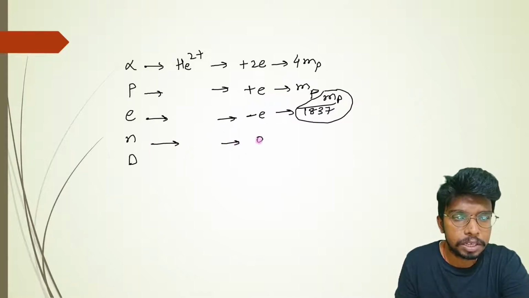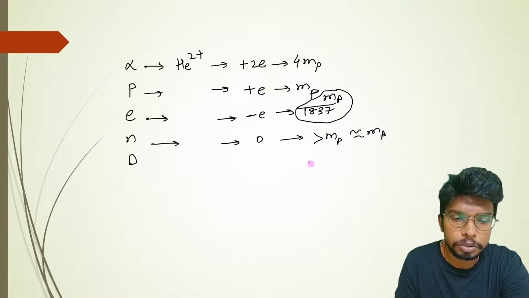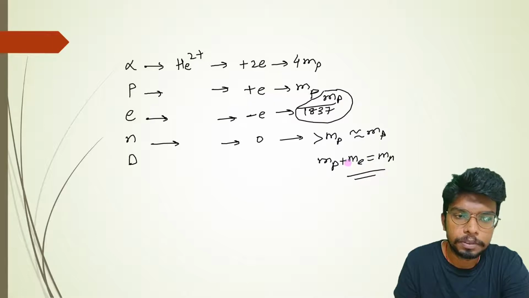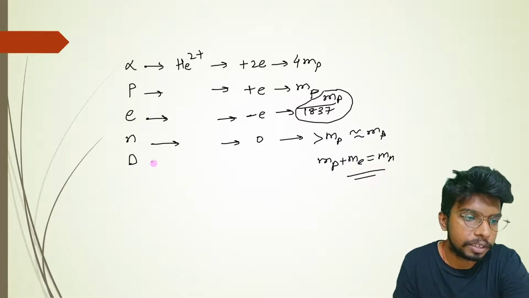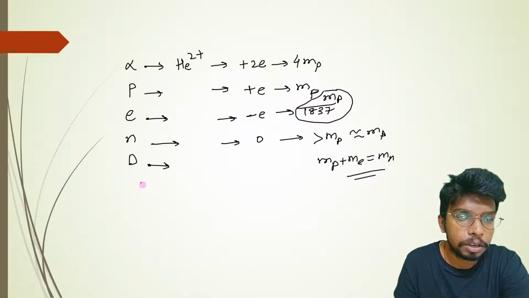Neutron charge 0. It has a mass more than proton, greater than proton, but almost equal to proton. You can say that proton plus electron gives me the mass of neutron. This is the case, and electron is almost negligible, so we treat it as equal. But neutron is heavier. Remember deuteron, or we normally call it 2H1.